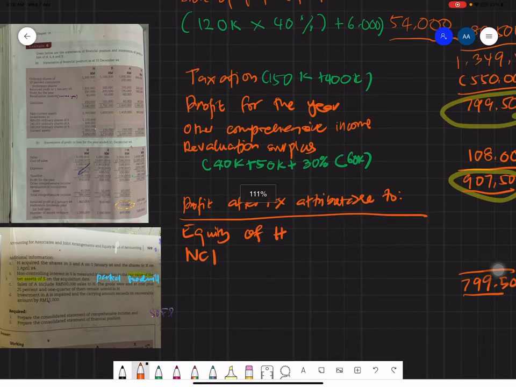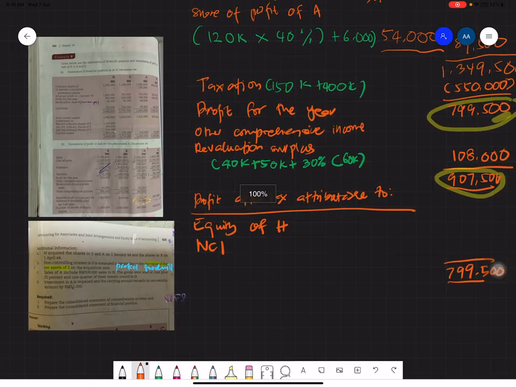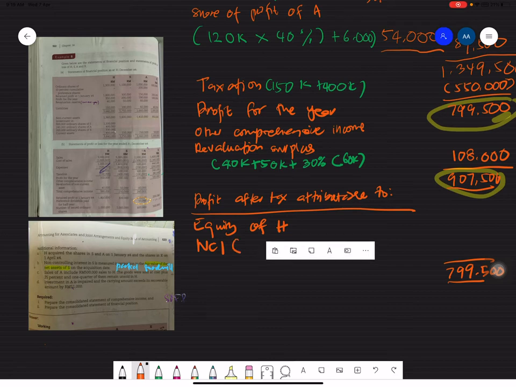If you look at the amount here, non-controlling interest, look at S, the subsidiary, because the calculation of non-controlling interest is related to the subsidiary only. For the associate company, you don't have non-controlling interest.